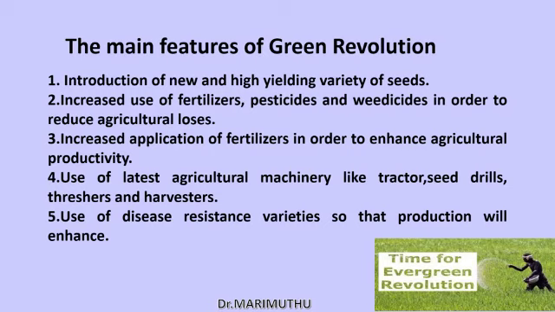And the third one is increased application of fertilizers in order to enhance agriculture productivity. The fourth one is use of latest agriculture machinery like tractors, seed drills, tillers and harvesters. Last one is use of disease resistant varieties so that the production will enhance. These are the 5 important features of the Green Revolution.